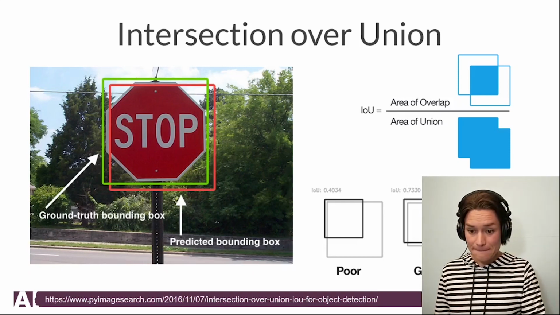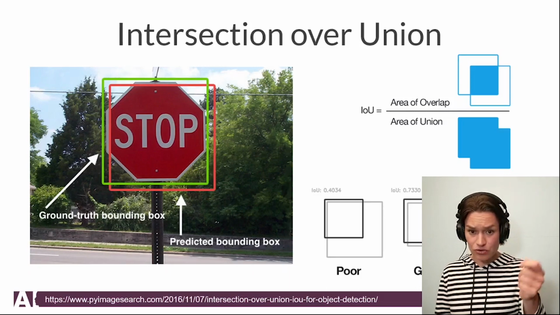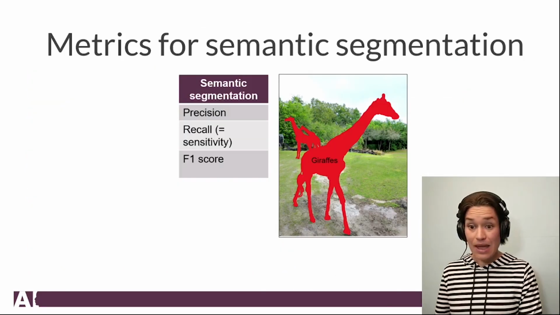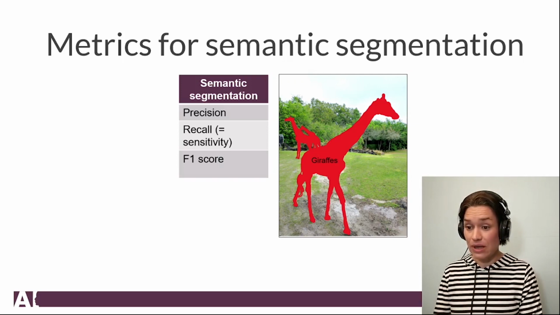On the lower picture, we can see that 0.4 is poor, even though there is enough overlap. 0.7 is okay, I think the stop sign would be 0.7, and 0.9 is fantastic. It's as if two different people drew the same thing, and they don't have exactly the same overlap. So that's perfect. And metrics for semantic segmentation are precision, recall, and F1 score.